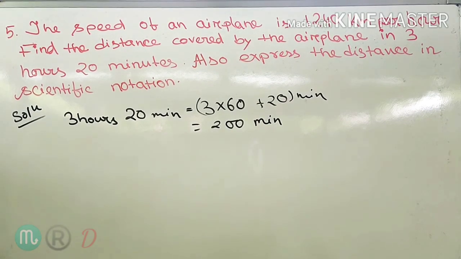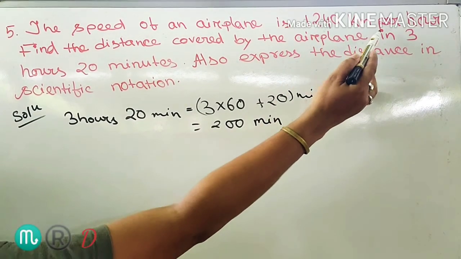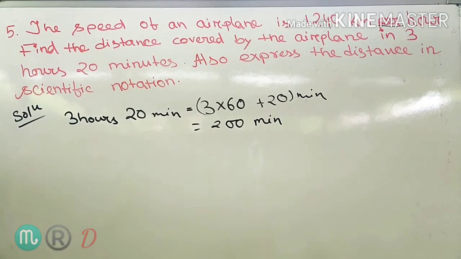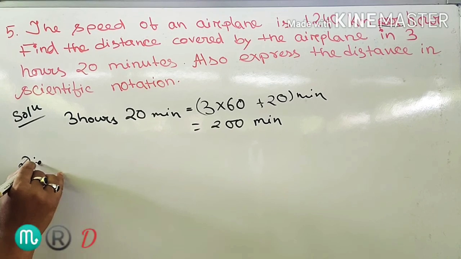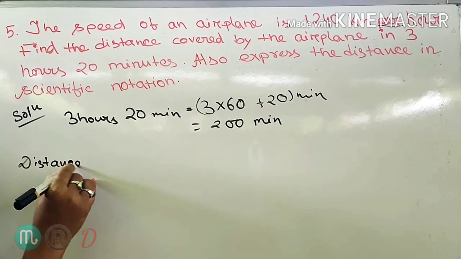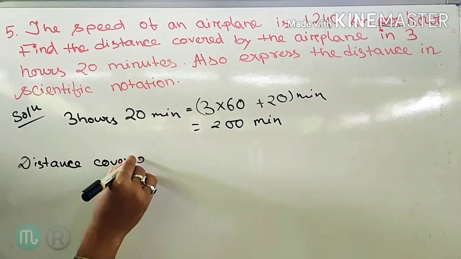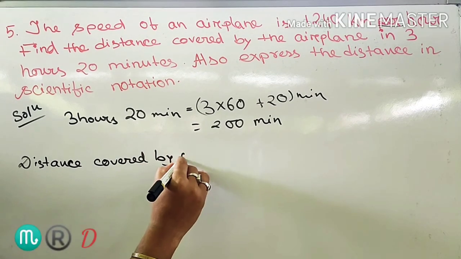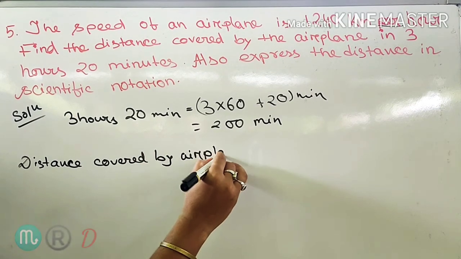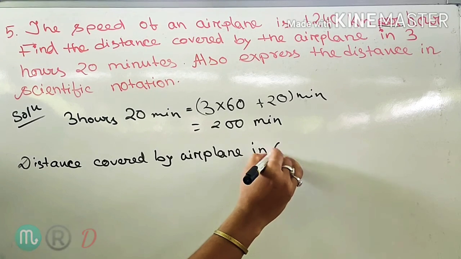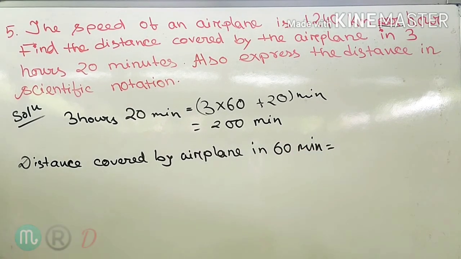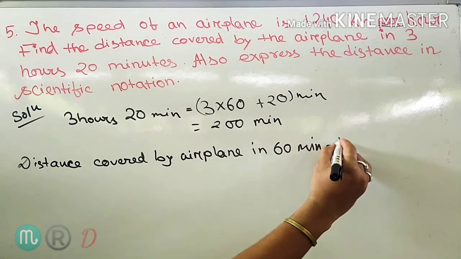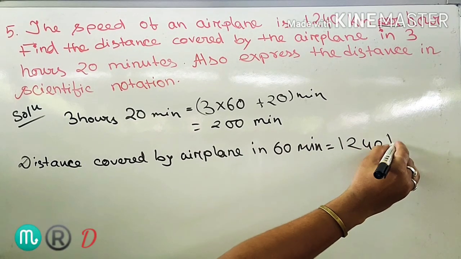The plane covers this many kilometers per hour, that means in 60 minutes. So we'll write distance covered by airplane in 60 minutes, that means in 1 hour, is 1240 kilometer.